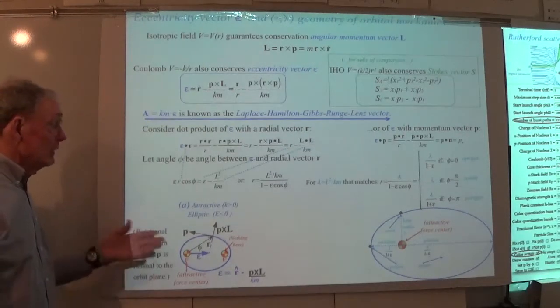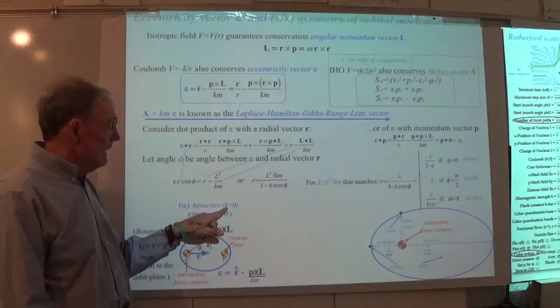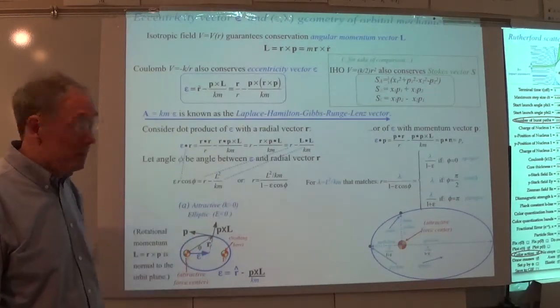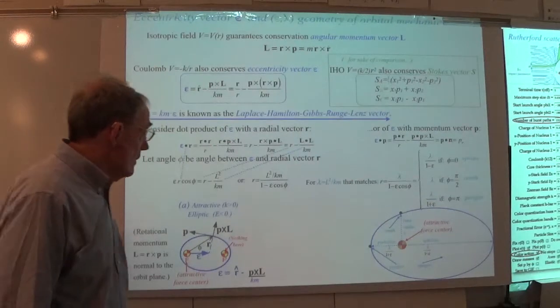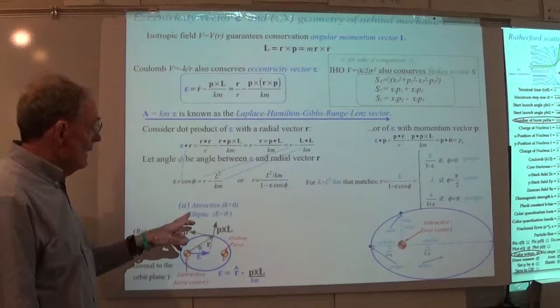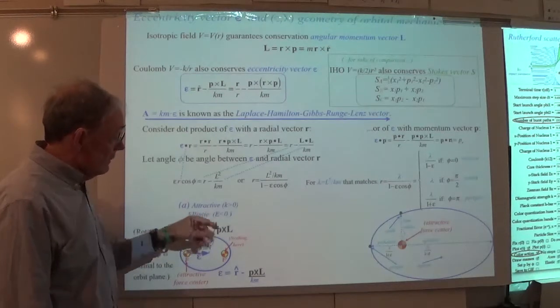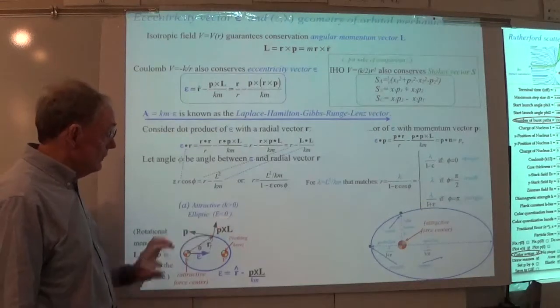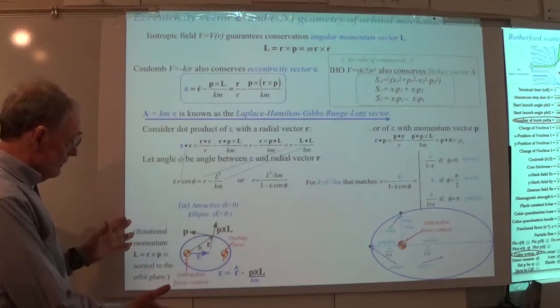Okay? So if you have an attractive force, and for us that's k greater than 0, remember that little rule that I picked, and then if it's an elliptic orbit, that is, if the energy is less than 0, this is what you're dealing with.